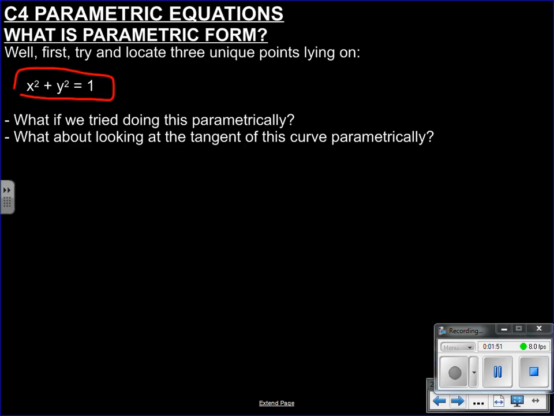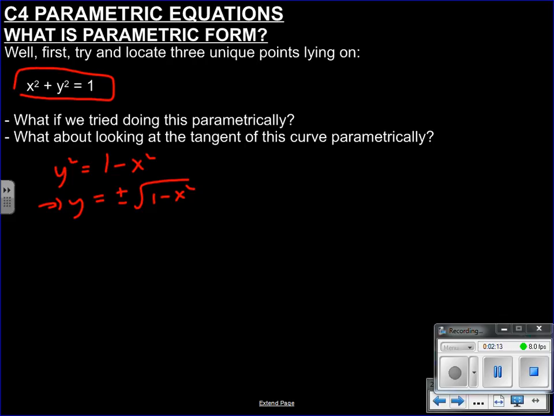If I ask you to find and locate 3 unique points on this circle, it's not actually as easy as it sounds, is it? Because you would have to first rearrange that equation, and you'd have to plus or minus square root it, yeah?